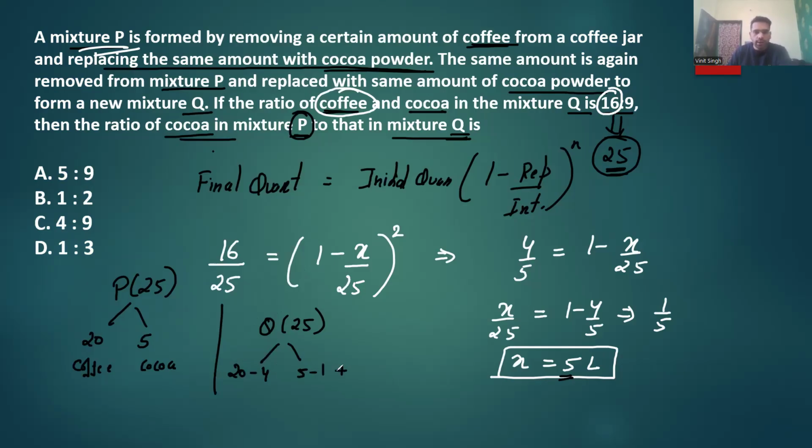And again you will add 5 kg more cocoa. So cocoa becomes 9 kg, and coffee becomes 16. So we have to find the cocoa in mixture P and Q. In P it is 5 and in Q it is 9. So the ratio becomes 5:9. So option number first will be the right answer.